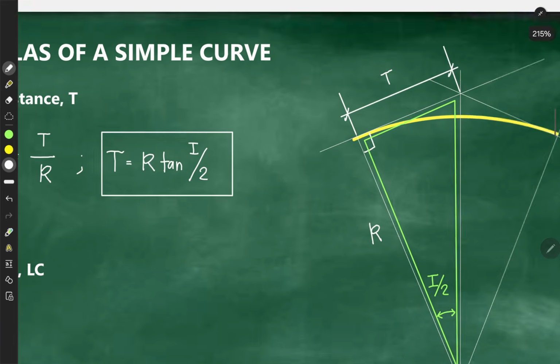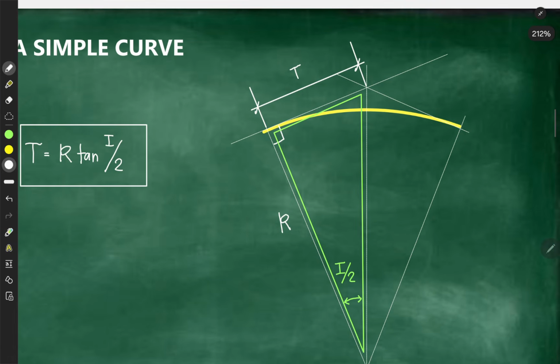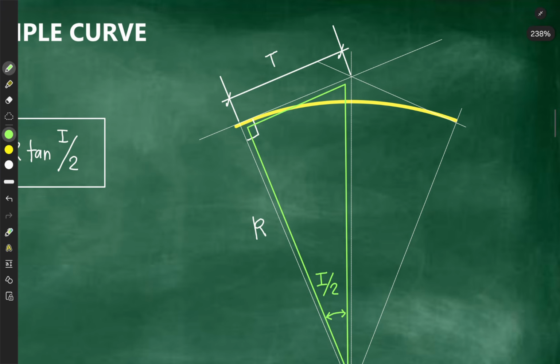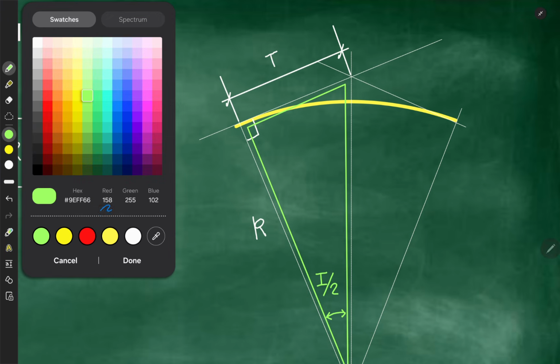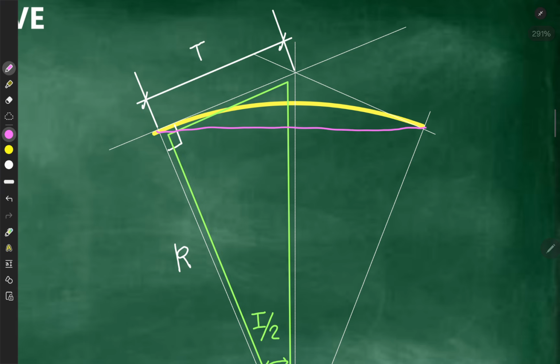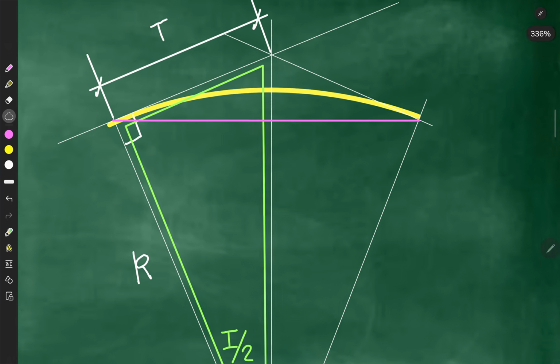Next, for our long chord naman. For our long chord, ito yung ating long chord. It crosses the circle from PC to PT. Ito yun. Okay?